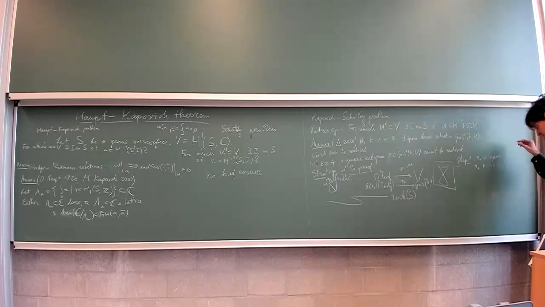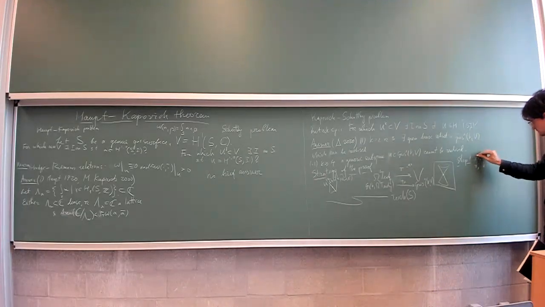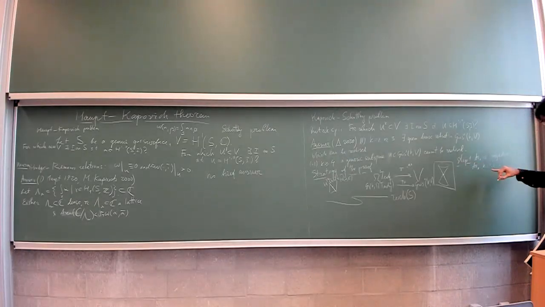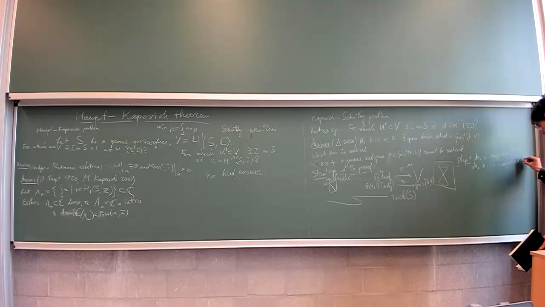Not even open, but dP is surjective, and dP for k equals 2 and 3 is surjective at a generic point.